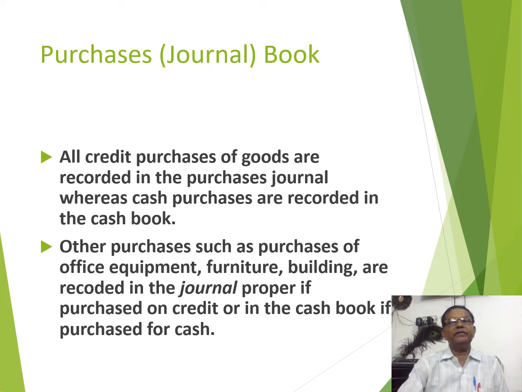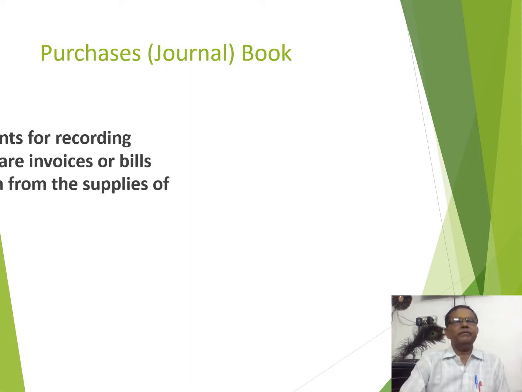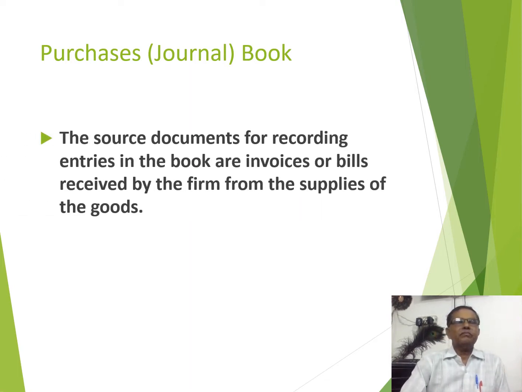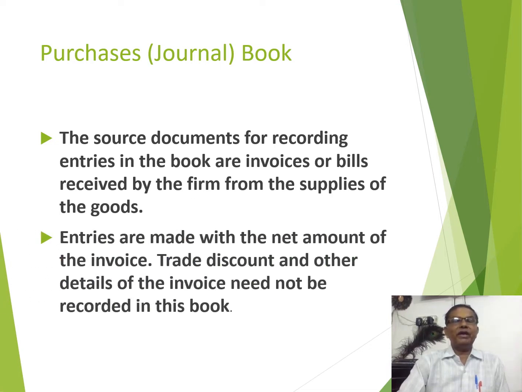My dear friend, the purchases journal book. Here the source documents for recording entries in the purchase journal book are invoices or bills received by the firm from the supplier of goods. Entries are made with the net amount of the invoice.